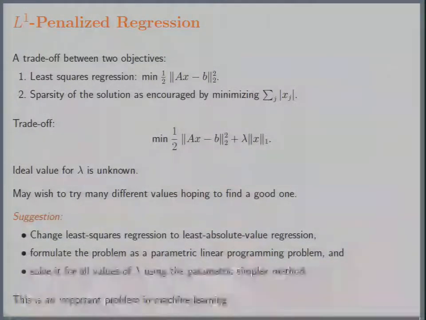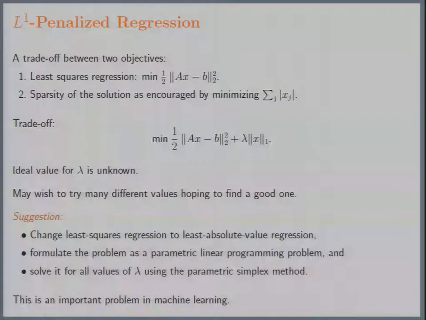So a common problem that arises in machine learning is the L1 penalized regression problem, where you have 2 competing objectives. And by the way, having multiple competing objectives is an extraordinarily common thing in all of optimization. In this context, the competing objectives are that you want to solve a least squares regression problem for some vector x.